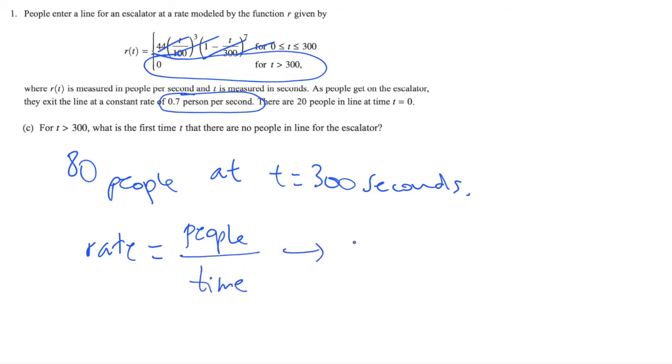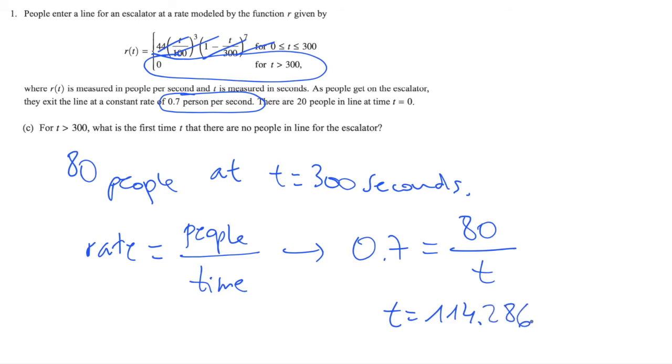The rate is 0.7 people per second, and we want to know how much time it takes for 80 people to leave. So you just need to do 80 divided by 0.7, and what you will find is that the time is 114.286.